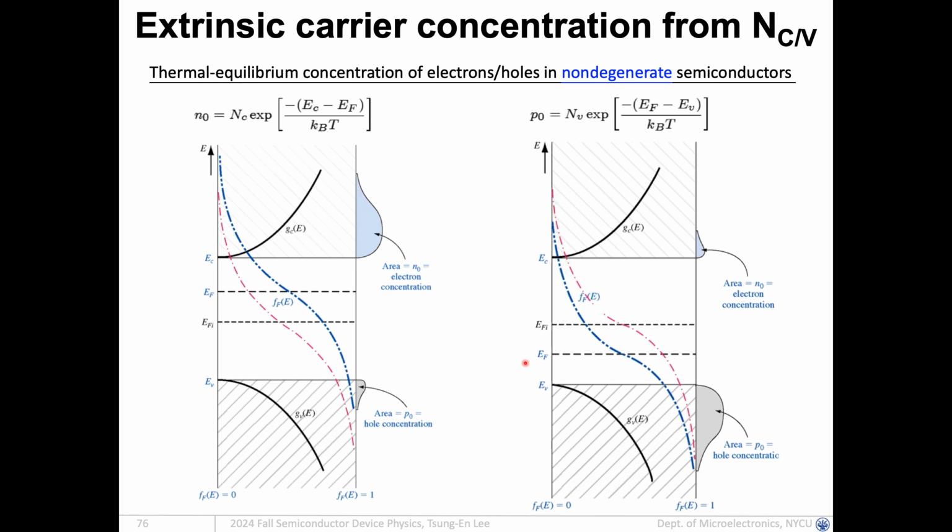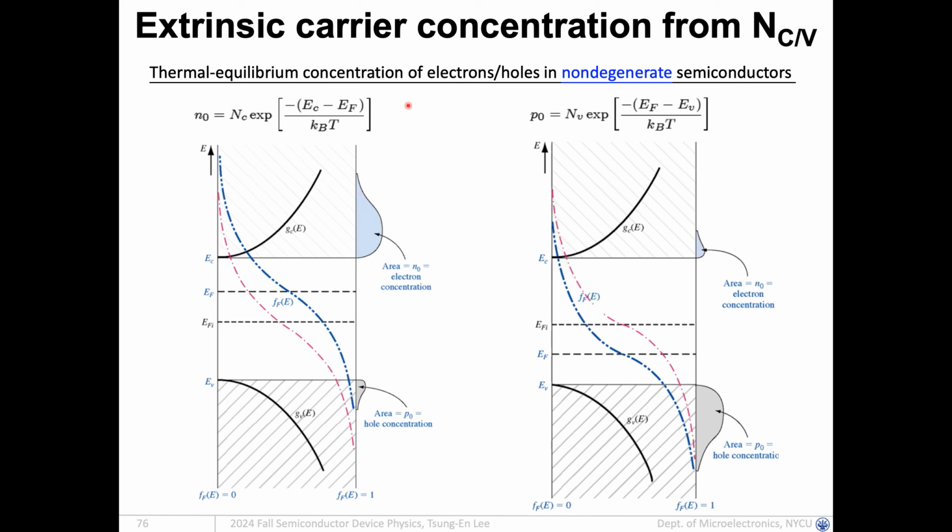Okay, so based on the understanding of the extrinsic semiconductor, we can try to extract the extrinsic carrier concentration. In the thermal equilibrium concentration of electrons and holes, we assume that the semiconductor is non-degenerate.